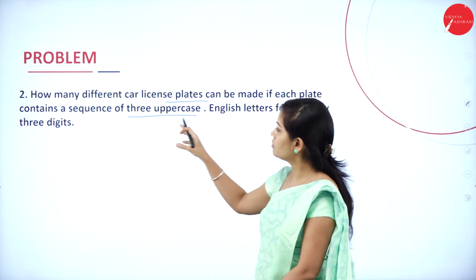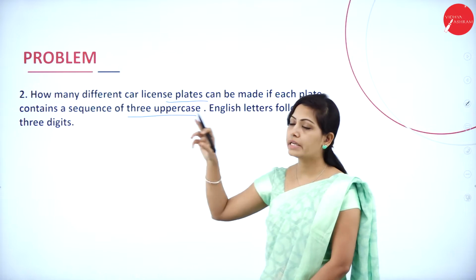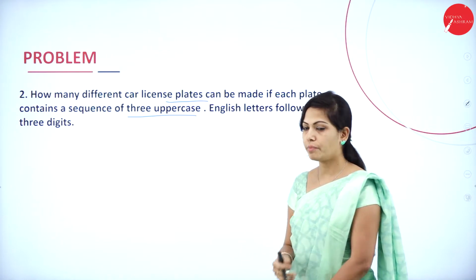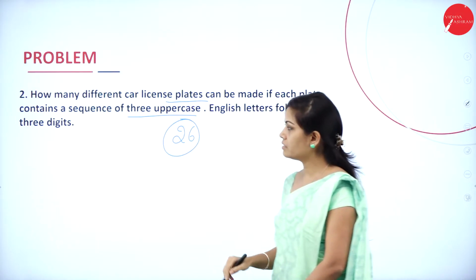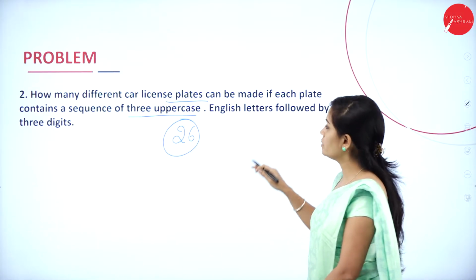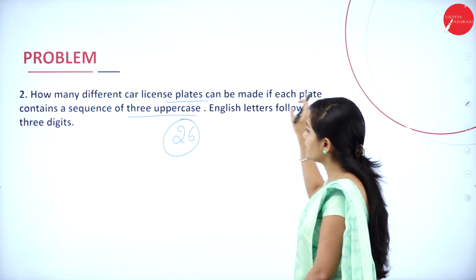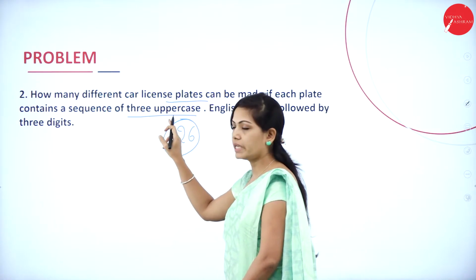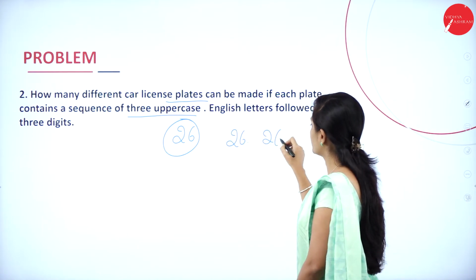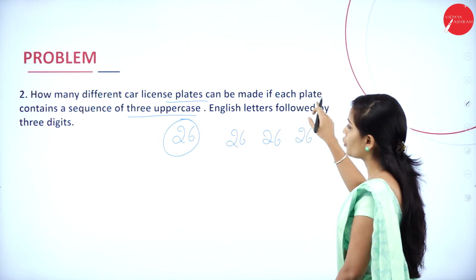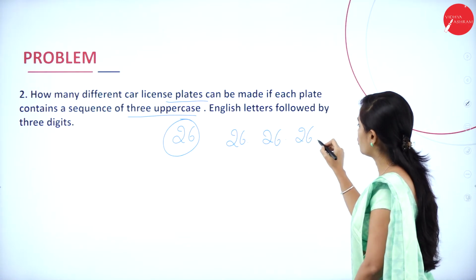In the English alphabet we have 26 letters, right? 3 uppercase letters means 26, 26, 26, followed by 3 digits.